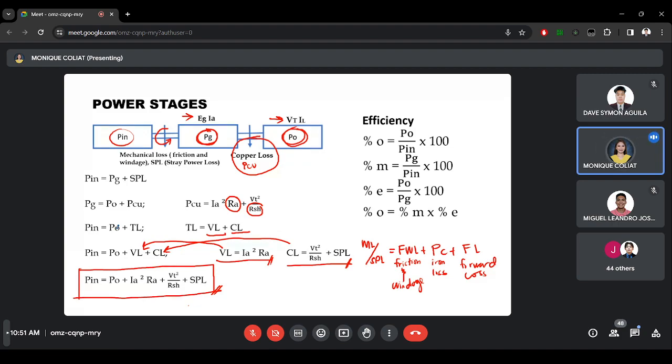Okay? So, next we have the efficiency. First, we have the overall efficiency. Okay, so overall efficiency is equal to PO over PN times 100. Okay, PO over PN, overall efficiency. Then we have the mechanical efficiency.